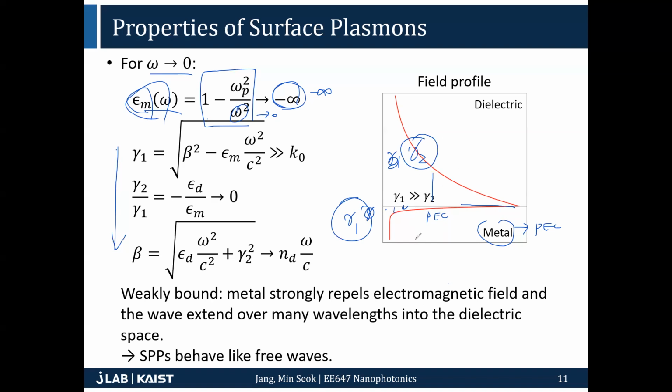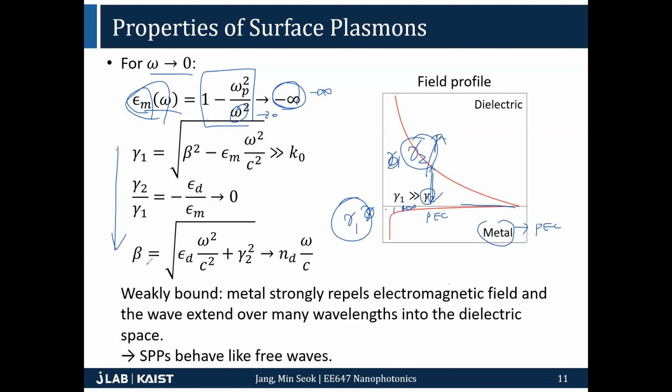If you actually calculate it as epsilon m goes to infinity, gamma 1, the decay constant in metal, also diverges, so that the decay length becomes infinitesimally short, and the decay rate gamma 2 approaches 0, so that its confinement along z direction becomes very, very weak.